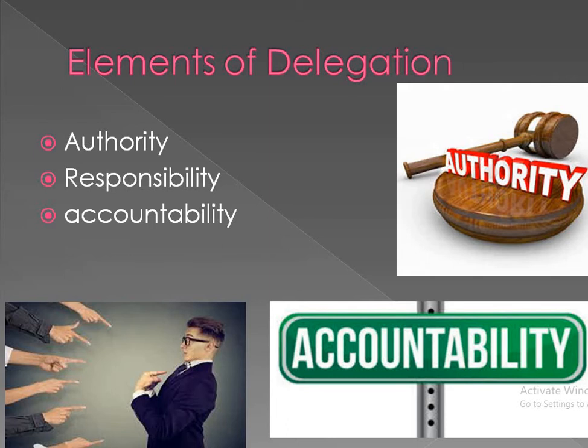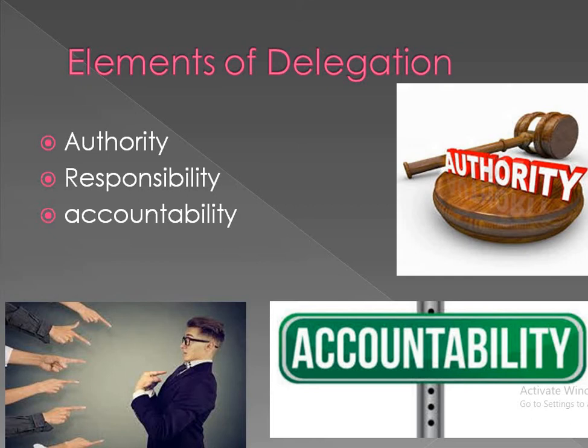Authority flows from top to bottom, and authority helps to maintain order in the organization. If you take the scalar chain, you'll know that on the top is one person, and from him authority is going down. So more authority with the top management, less authority with the lower management.